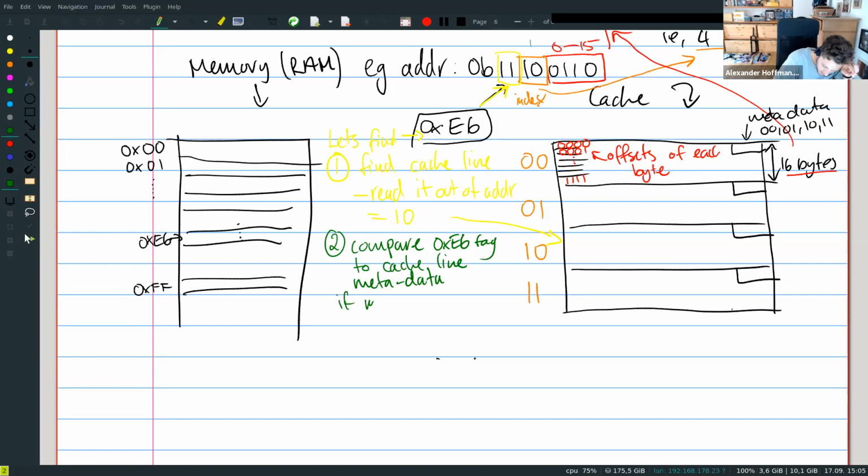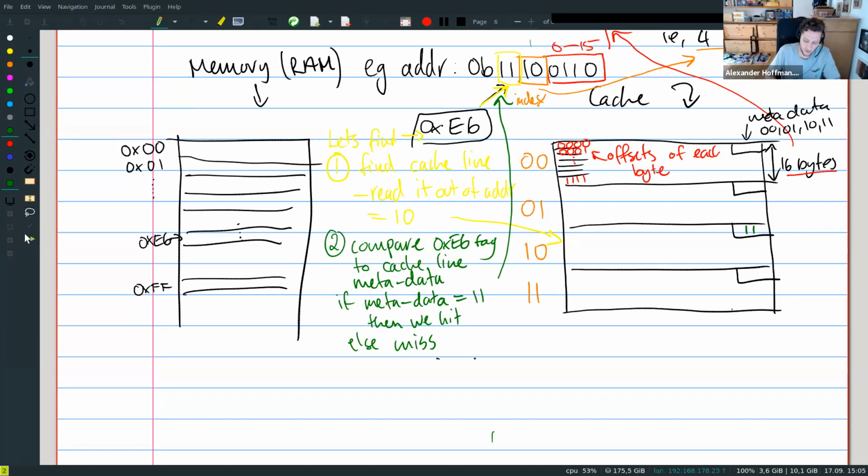If metadata equals 1, 1, so this is this guy here, then hit, else miss. So if we have 1, 1 stored in that metadata, then we know we've hit, that the block we want from memory is already in cache. And so we can just access it and read it, and it's really quick.